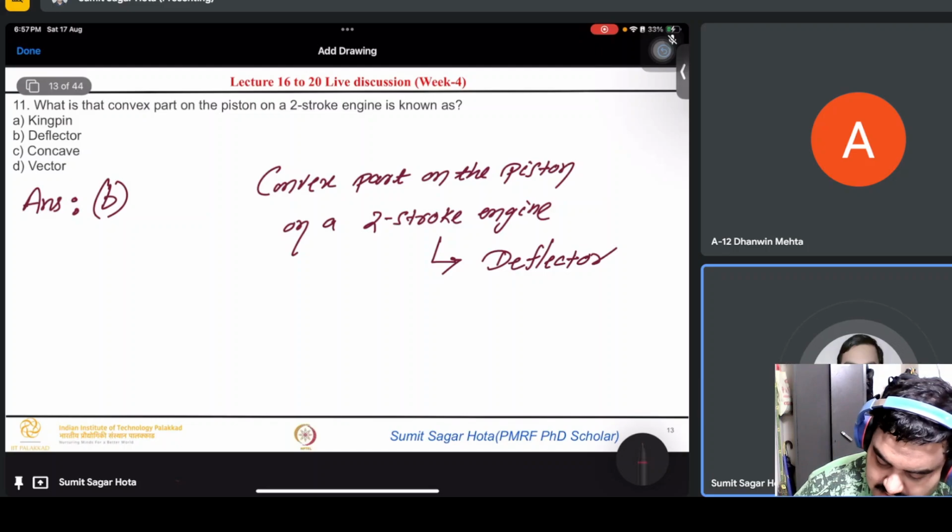So what is the real work of the deflector? One more question they can ask.